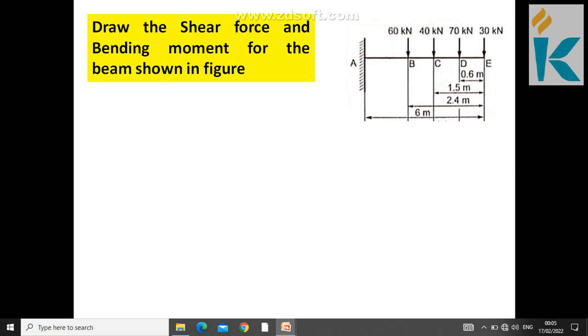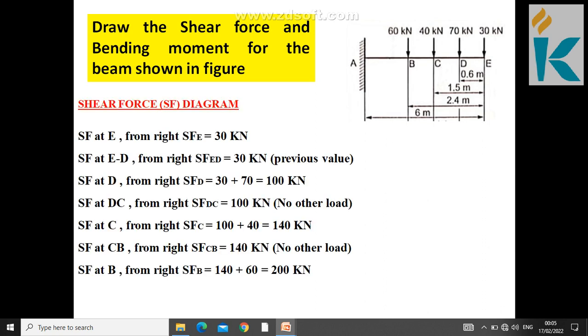Now coming to shear force calculation, you do the calculation from the free end. So from E, I am going to start with SF at E from right. At E you have only one point load, that is 30 kilonewton. So S of E is 30 kilonewton. Then the next one is the in-between value.